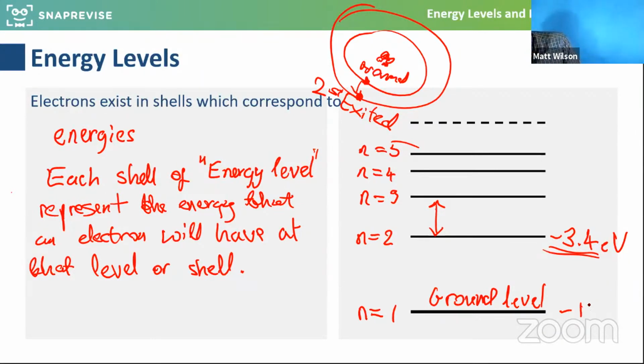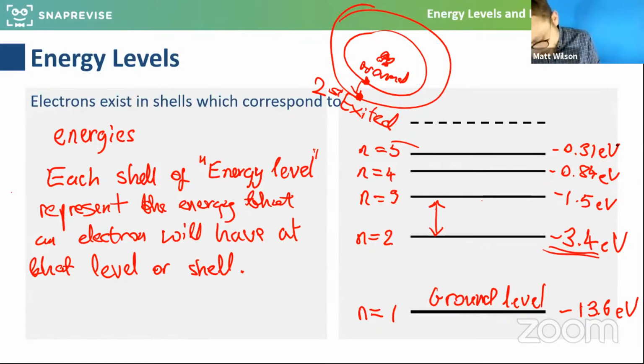Good, so the ground level is minus 13.6 electron volts, good. And then we can go further up: minus 1.5 electron volts, minus 0.85 electron volts, and minus 0.31 electron volts.